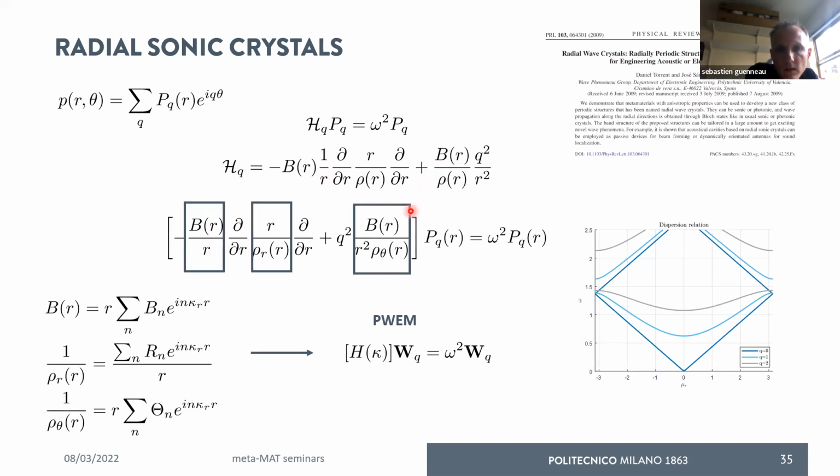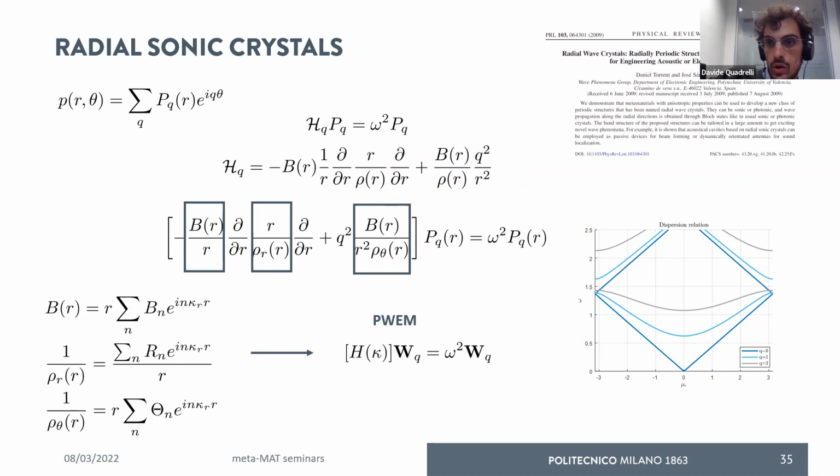This cannot be made possible if you only have a scalar bulk modulus and a scalar density, because you have these three coefficients that cannot be made, at the same time, periodic in the radial direction, if you only have two degrees of freedom, which are the bulk modulus B and the density rho.